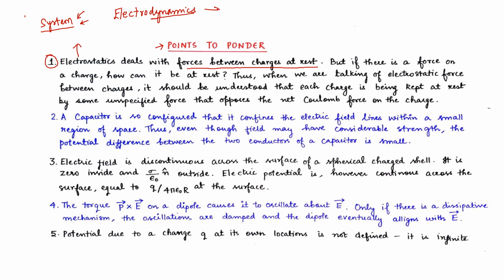So when our charges are in motion, the studies we do are known as electrodynamical studies. But in chapter 1, where we read about electric forces and electric fields, and chapter 2, where we read about electrostatics and capacitance, all deal with charges in a static position.